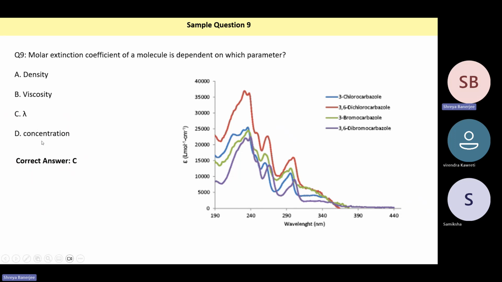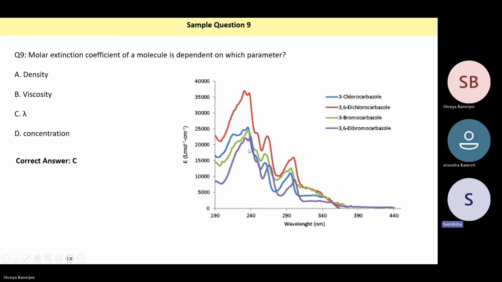Concentration will change the absorbance, but the molar extinction coefficient does not depend on concentration. It is only dependent on two things: the identity of the molecule, that is, each different sample will have a different molar extinction coefficient, and the wavelength. For a given molecule, the molar extinction coefficient remains constant.